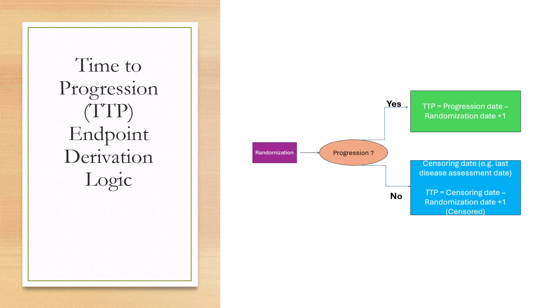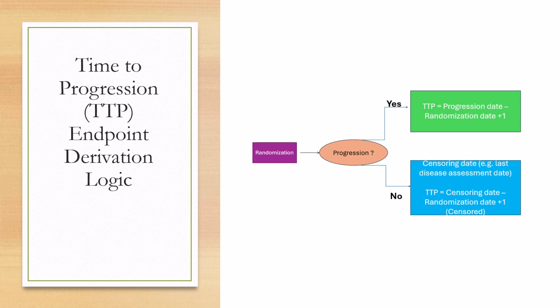The TTP, that is the time to progression, is calculated for all patients who have not already experienced progression at the start of the treatment. The key variables in TTP derivation are progressive disease, that is PD, stable disease, complete response, partial response, and the date of progression.